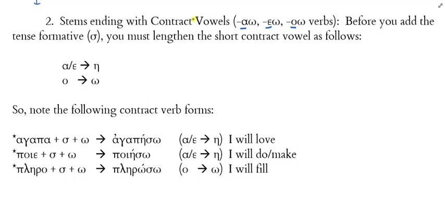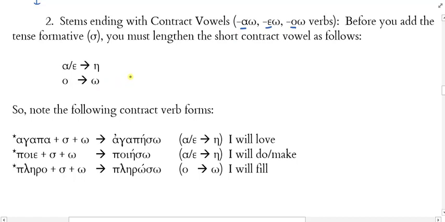Whenever I have a contract vowel at the end of a stem, and I'm putting it in a tense that uses a tense formative, the contract vowels will always lengthen the short contract vowel to a long vowel before the tense formative. Here's how that lengthening process happens. If my contract vowel is alpha or epsilon, both of them will lengthen to eta. If my contract vowel is an omicron, it will lengthen to omega.